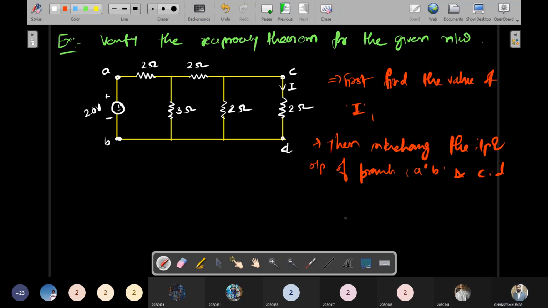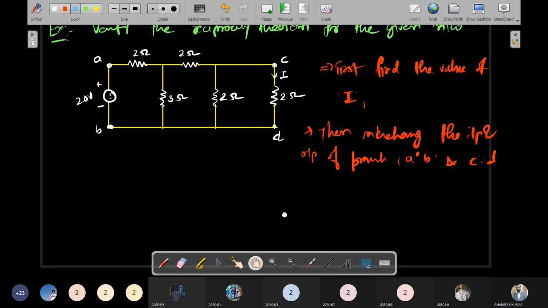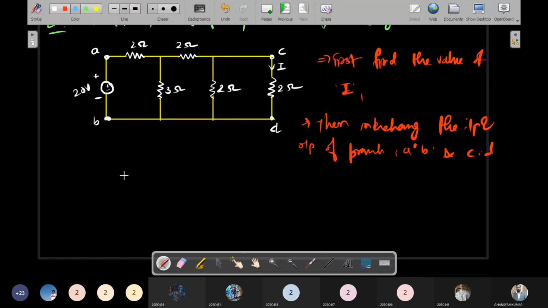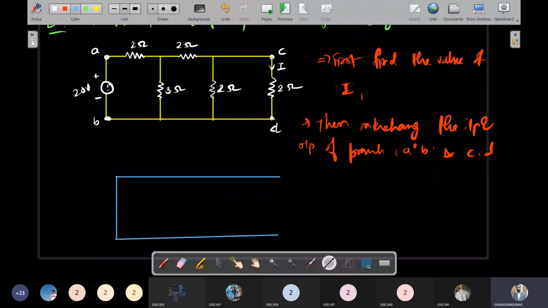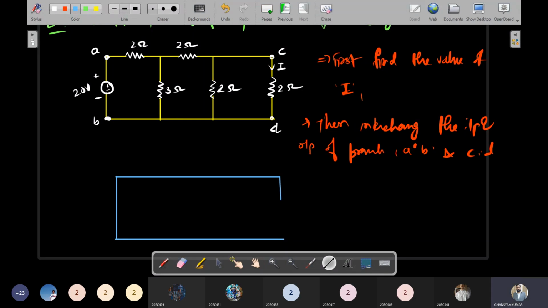Okay. So after interchanging, if I draw the interchanged network, the network will look like this. Same network, but I am just changing the source branch.